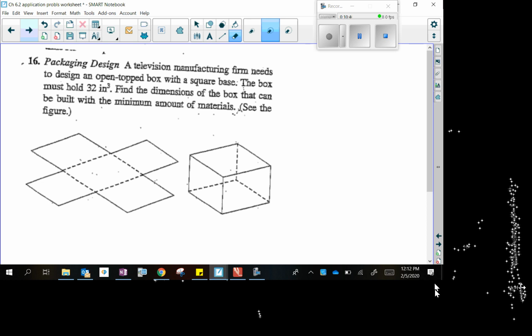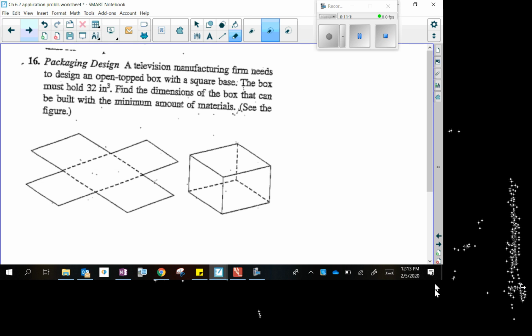So when you think about it, we're building a box. Picture this is a box. This is not exactly square, but this is imagination. So it's a square box with no top. It gives you this diagram that shows here's the base, and then all of these represent the sides. Does that make sense?